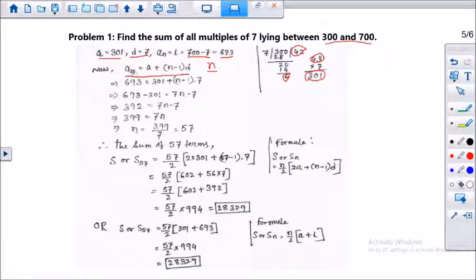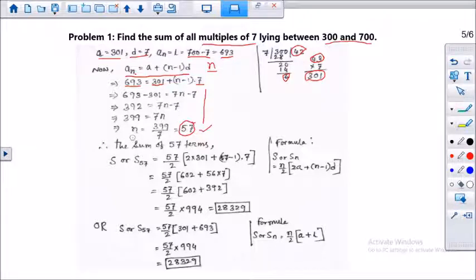So here an is 693, a is 301, plus (n minus 1) into d, where d is 7. After solving this equation, we will get n equals 57. That means in between 300 and 700, a total of 57 terms are multiples of 7.